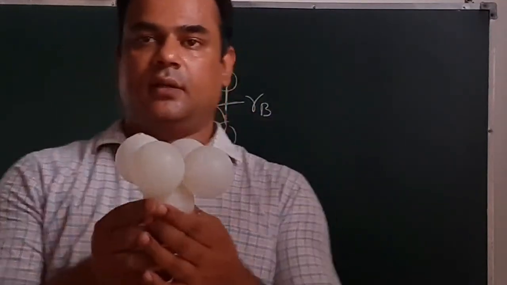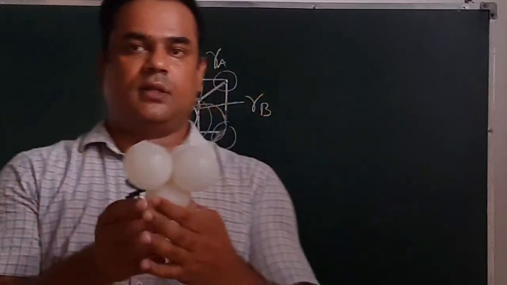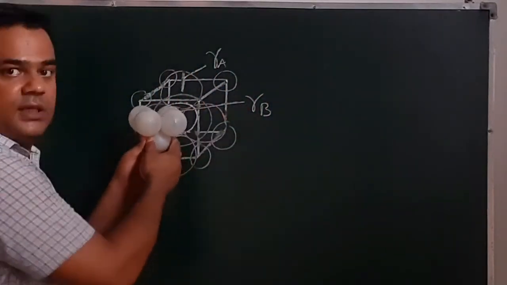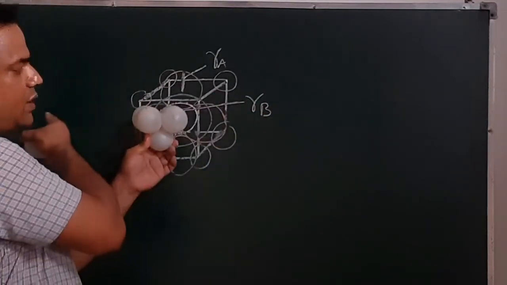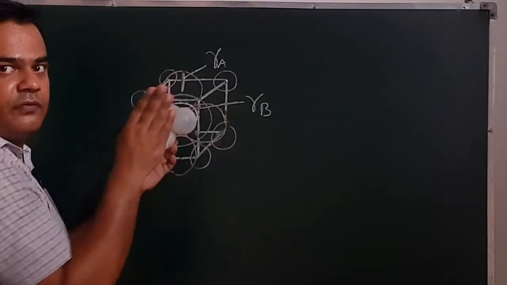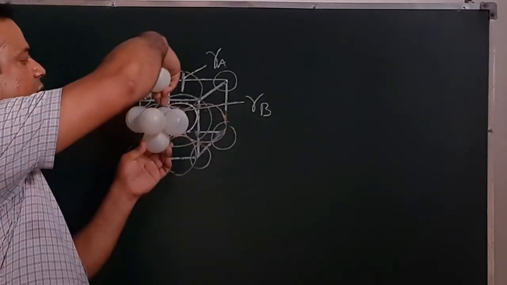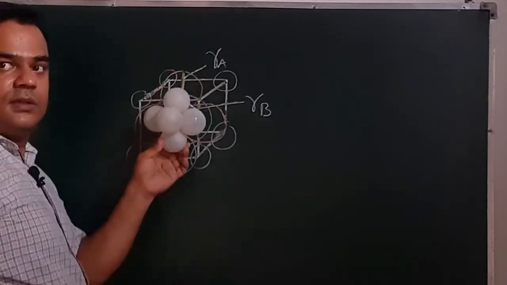You can see this ball is coming from this side face, this ball is coming from this side face, this one is the ball from the front face, this ball is from the back face and this ball is from the upside face.